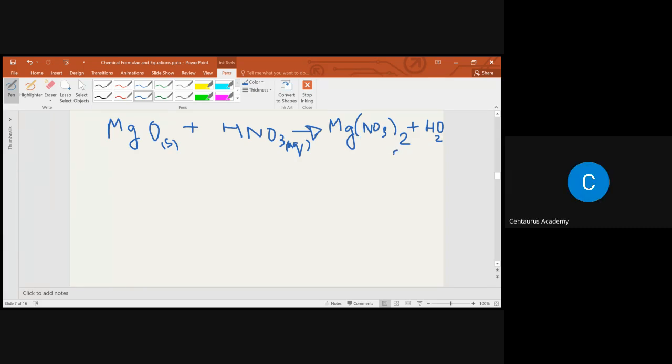All sodium compounds, all potassium compounds, and ammonium compounds, amongst the cations, all of these are soluble. Their salts, when formed, are all soluble. If nitrate is written within the formula, it has to be completely soluble. So we are going to write aqueous here.